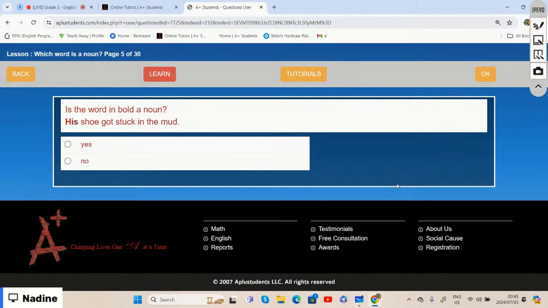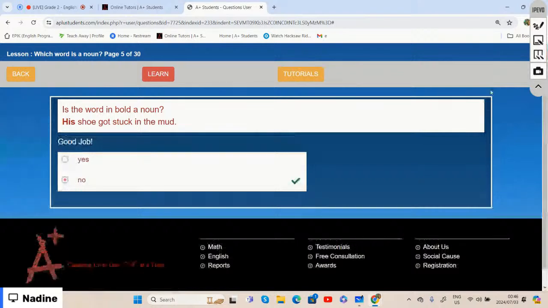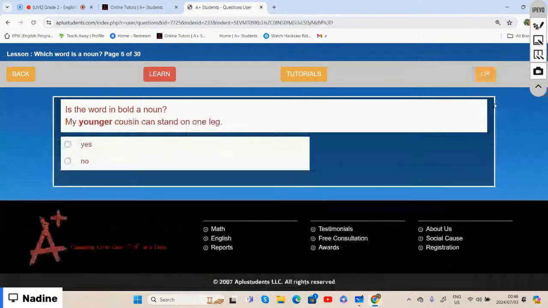No. So we're going to say no, his is not a noun, right? So yes, well done. No, it is not a noun. So well done. No is correct because his is not a noun.